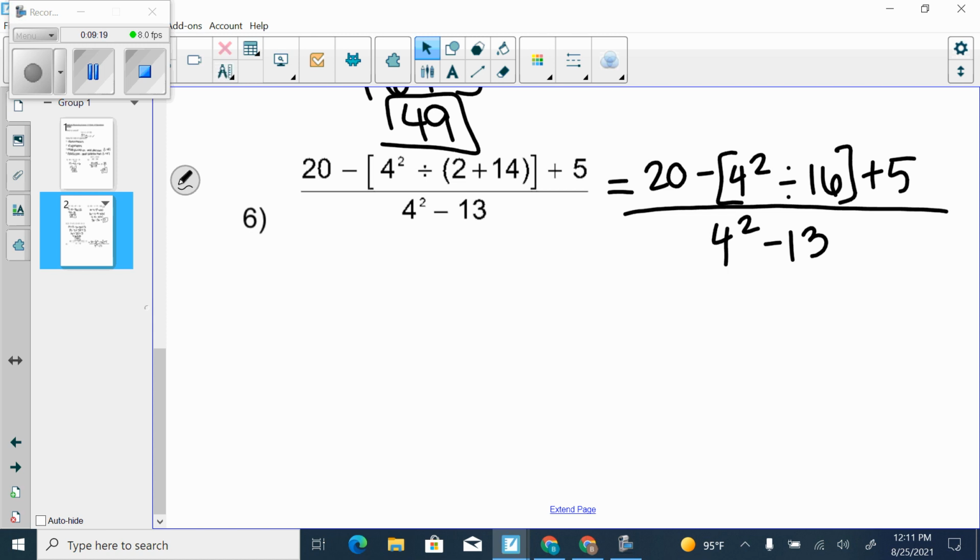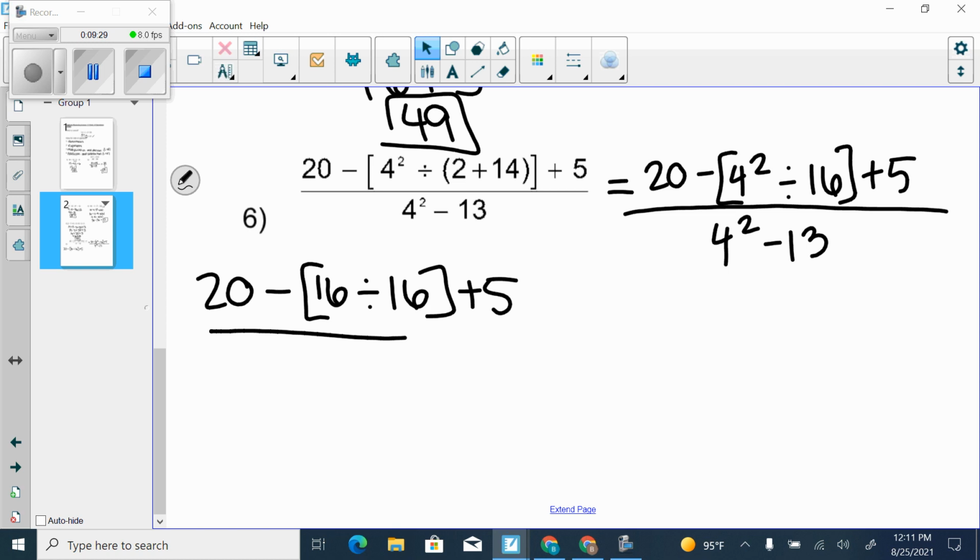So we got 20 minus, what is 4 squared? Very good. Do we have any thing else we need to do inside of those brackets? Divide. And that's just going to be 1. Very good. So we got 0.